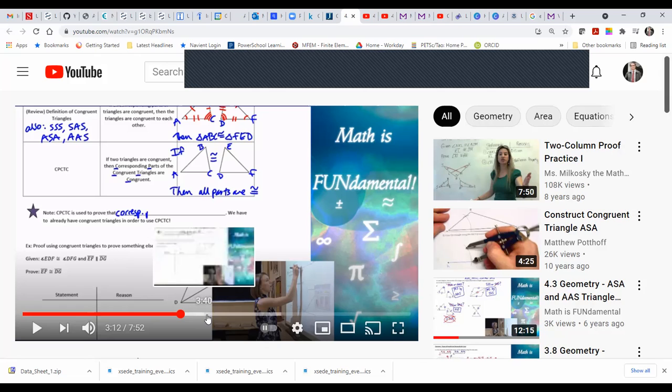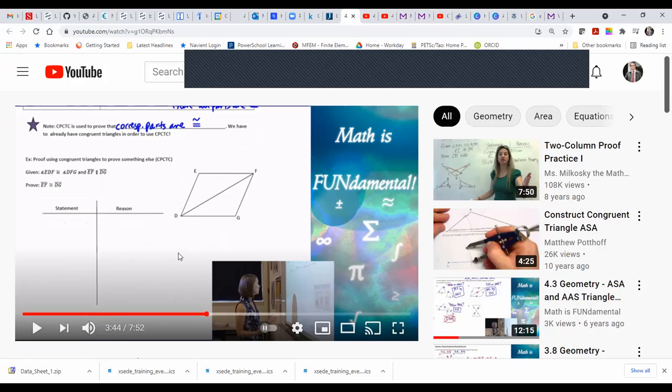And this is to give you the example for the problem of how to prove, not prove the triangle, but to prove this side congruent with this side. So you can use CPCTC. So we have first, given.